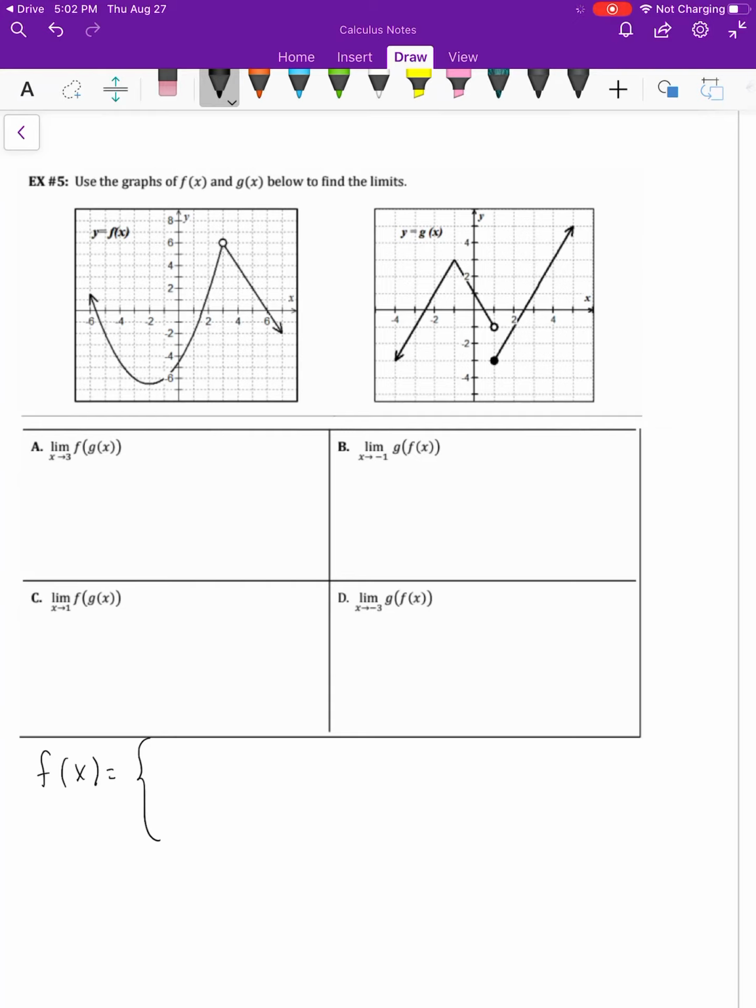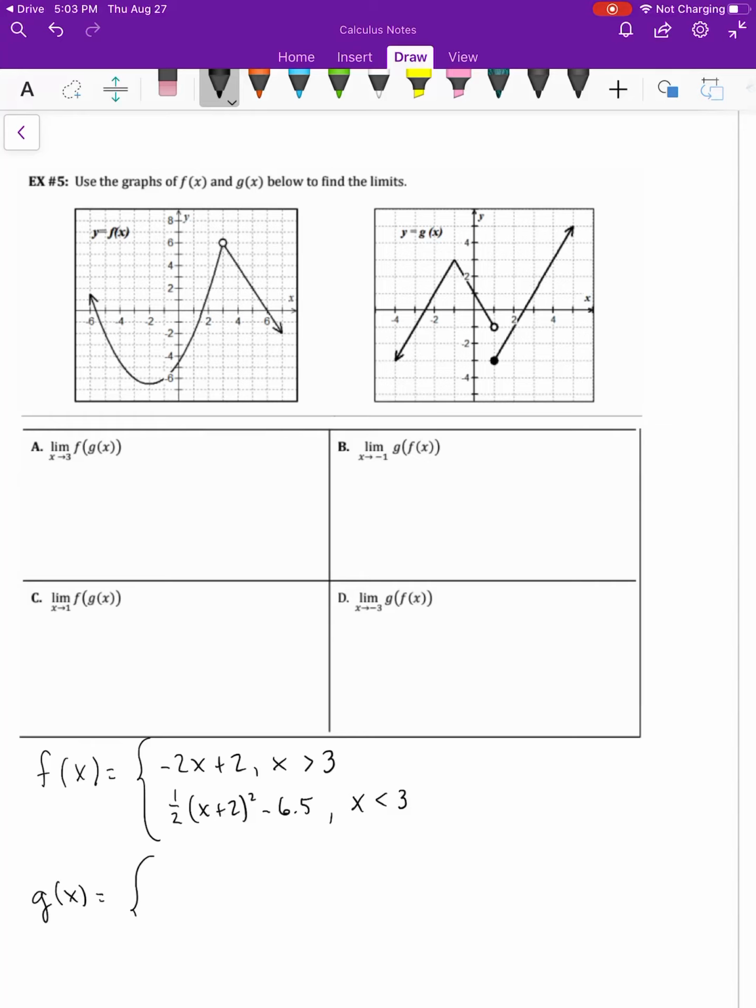So I got that the function f of x is negative 2x plus 2 when x is greater than 3, and 1/2 times (x plus 2) squared minus 6.5 when x is less than 3.